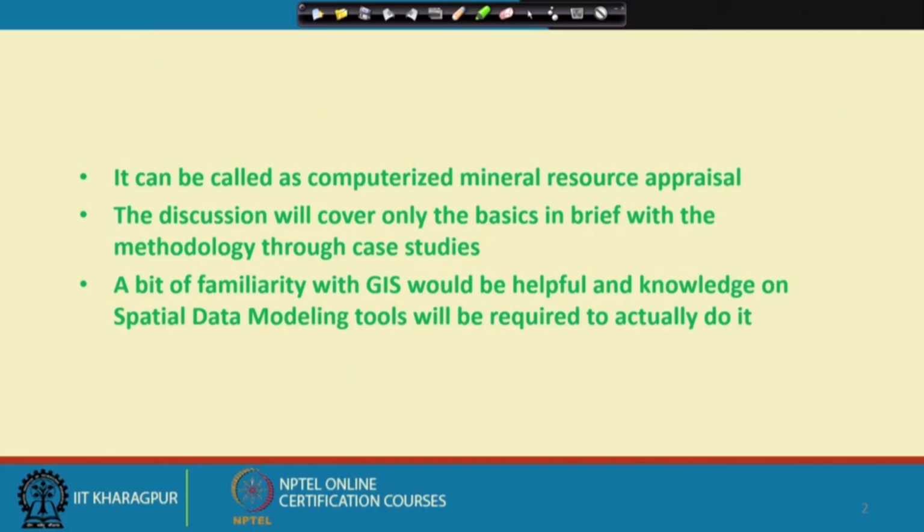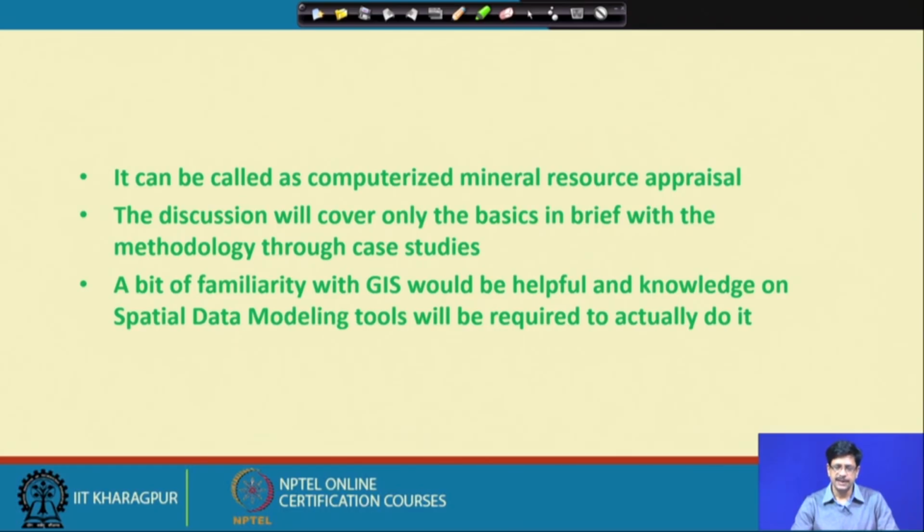Today we will discuss something which will be only in that line, and this topic essentially goes by the name mineral potential mapping.